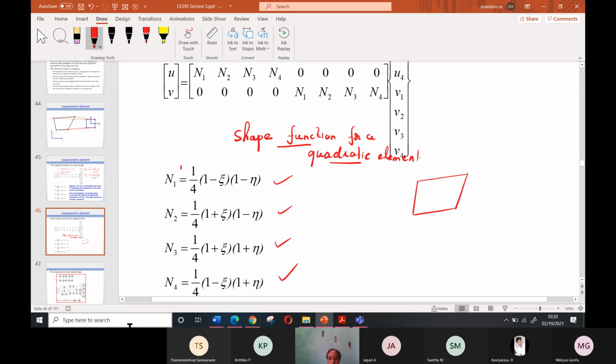This is called a quad 4 element. There are different elements: quad 4, quad 8, quad 9, and so on. Now we are going to derive the shape function for the quad 4 element, the quadrilateral. Just note down the coordinates as 1, 2, 3, 4.